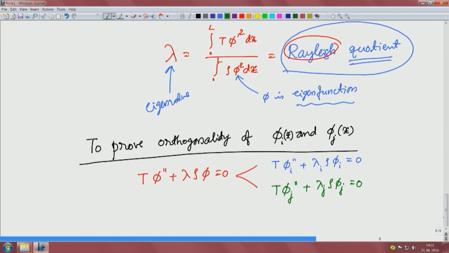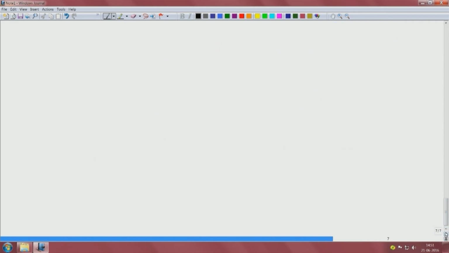Now, what we will do is, this equation we will multiply by phi j everywhere, and this equation we will multiply by phi i. And then we will integrate from 0 to L. That integration I will write here, so that it does not become cluttered.